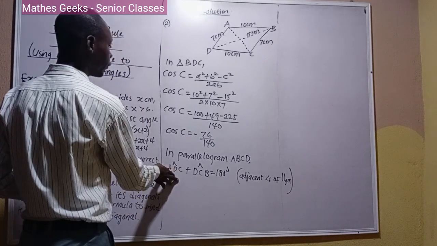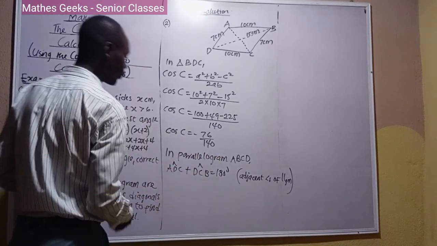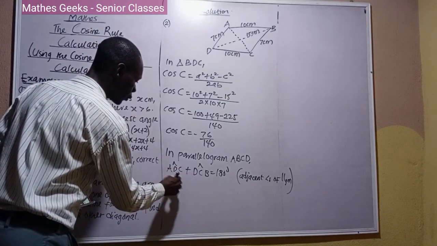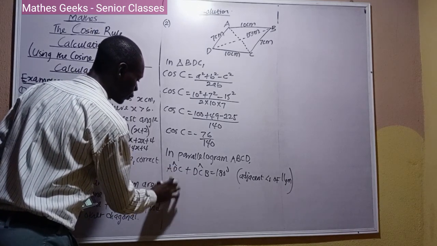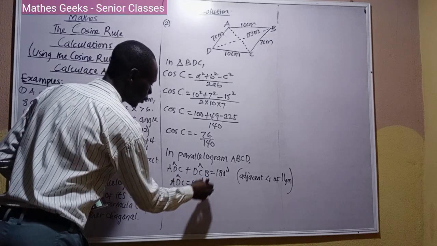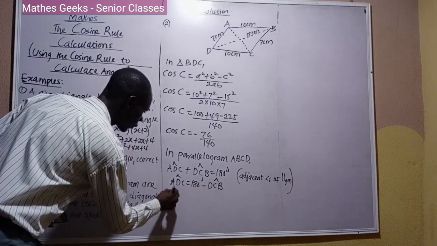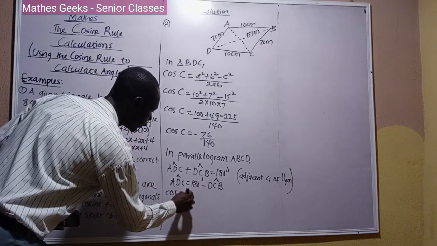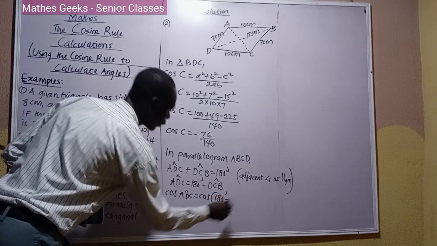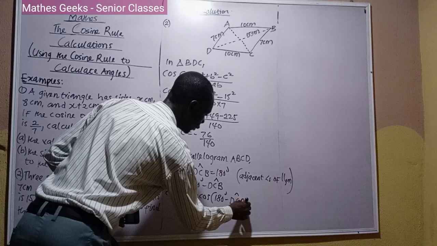And here we already know angle DCB, this angle. So this will give us angle ADC is equal to 180 degrees minus angle DCB. So cos angle ADC is equal to cos of 180 degrees minus angle DCB.